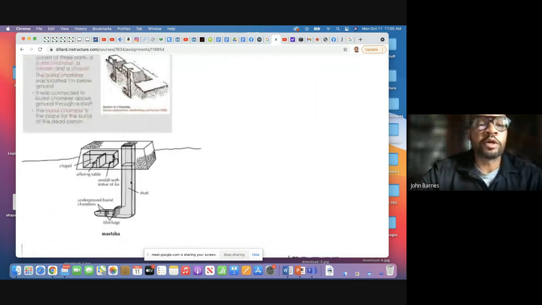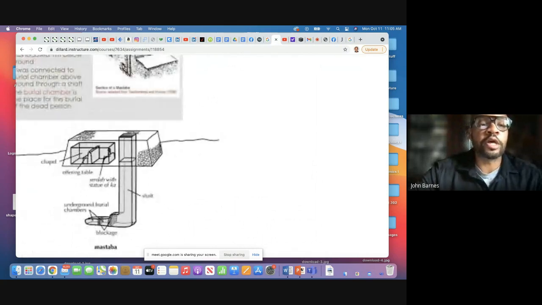Okay, so when we look at this image right here, we see the chapel. This would be at the ground level, above the ground level, the chapel. And you also have an offering table and then you have a serdab with a statue. A serdab is like an effigy of the deceased. And then you have this internal shaft that takes you underground to the actual burial chamber, which we'll notice is to the far left.